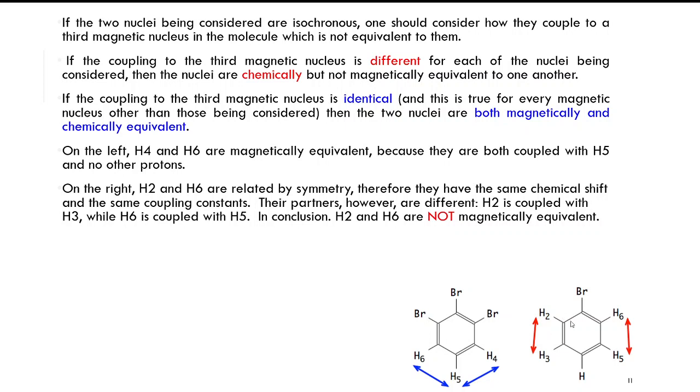So they may have the same chemical shift, but they're not magnetically equivalent because of having different neighbors. These are just extra knowledge for you, because you may come across the terms magnetically and chemically equivalent and wonder what they mean. I hope this clears the waters.